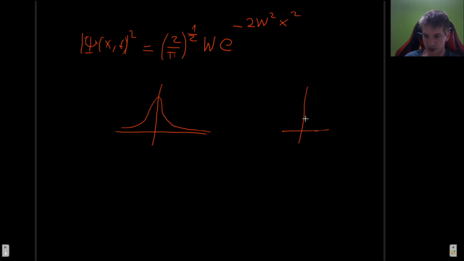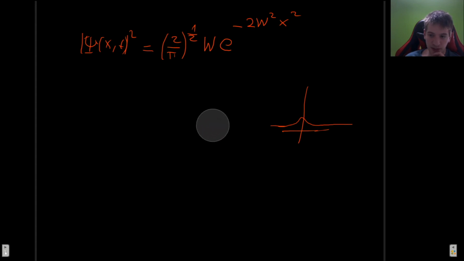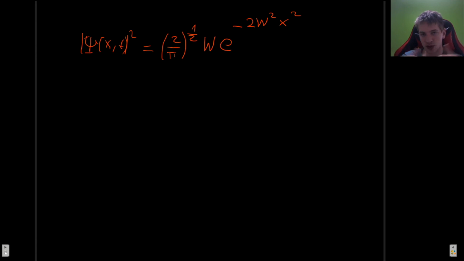So you can see that our probability density is going to be flattening out at later times, which is what we expect for a free particle. It may begin somewhere, but as time goes on, it is spreading out. It is a wave that spreads out. So I just wanted to make a quick comment.